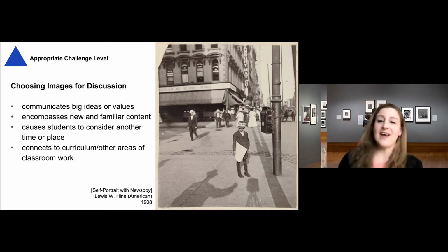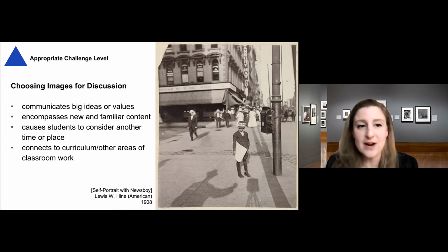And the first point here is about how this image communicates big ideas and values. This photographer, Lewis Hine, was very interested in issues of child labor, and a lot of his photography was taken to bring out issues around the unfairness of child labor.